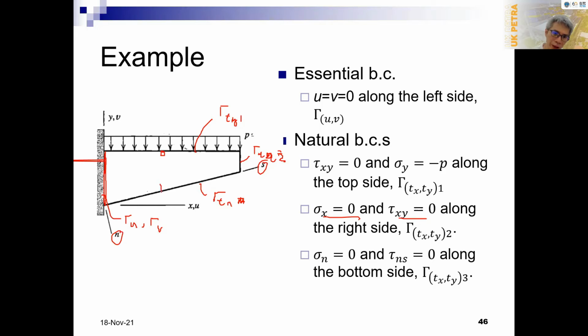Okay, so we see that if we have a small square here, there is no stress in this direction or in this direction, or shearing stress. So that's how we can write the force or natural boundary conditions.